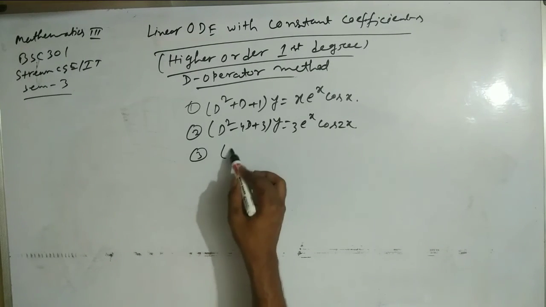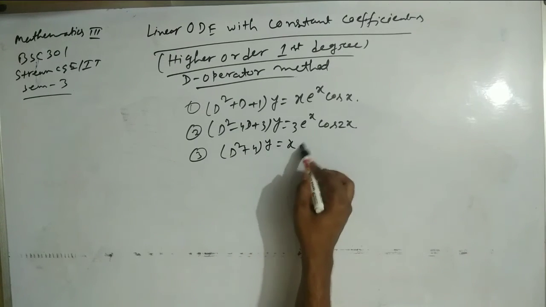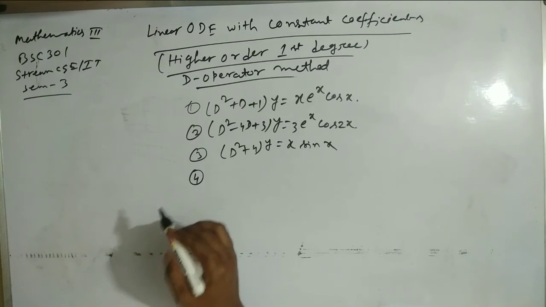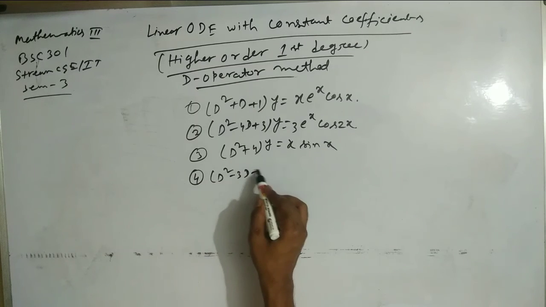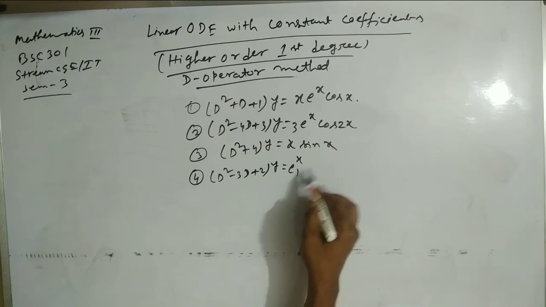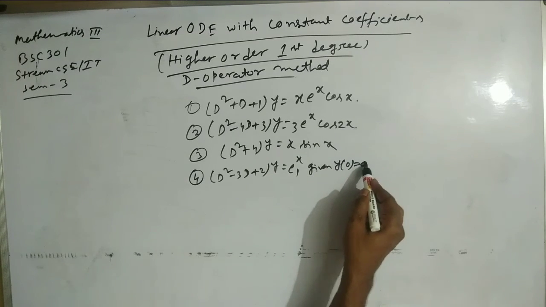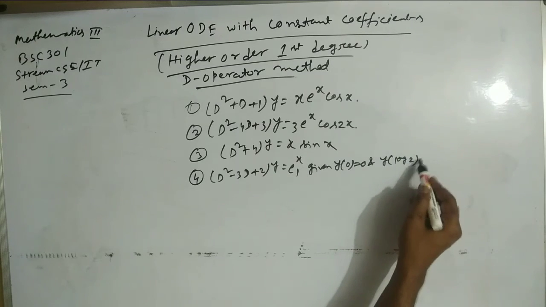Number 3, d square plus 4 operating on y equal to x sin x. Number 4, d square minus 3d plus 2 y equal to e to the power x given y 0 equal to 0 and y log 2 equal to 0.